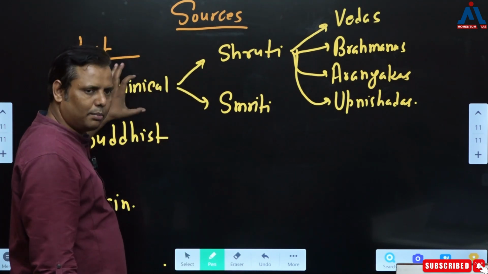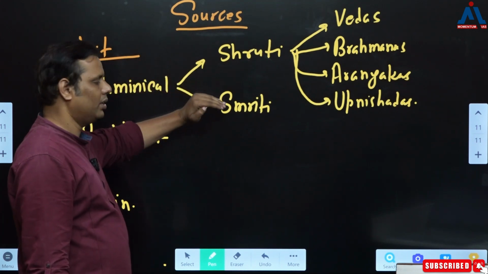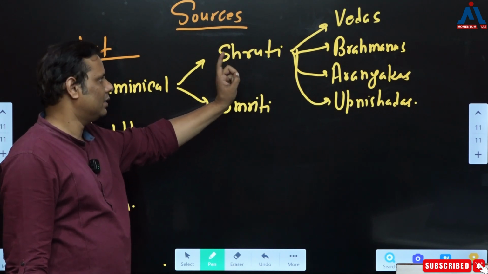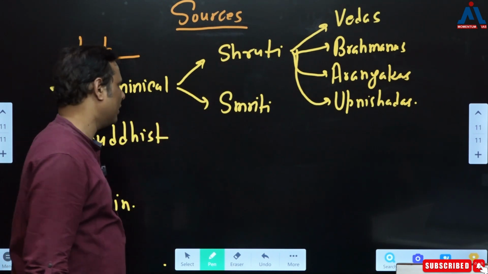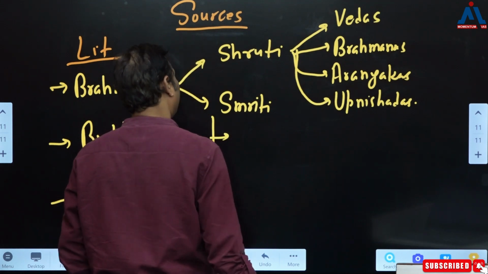Brahminical source means precisely the Vedic text, correct. Vedic text can be divided into Shruti and Smriti, and in the Shruti category we keep Vedas, Brahmanas, Aranyakas, and okay, fine. Now when it comes to Smriti literature, there again you can find multiple things.